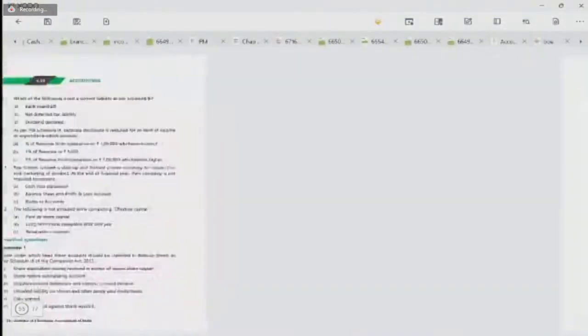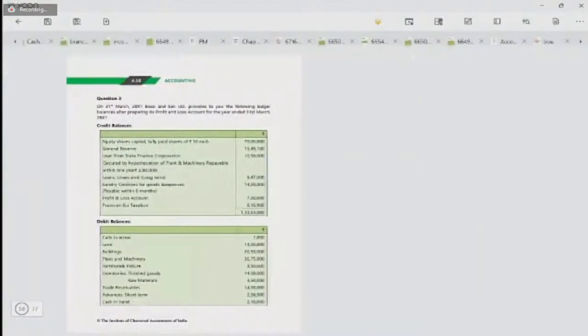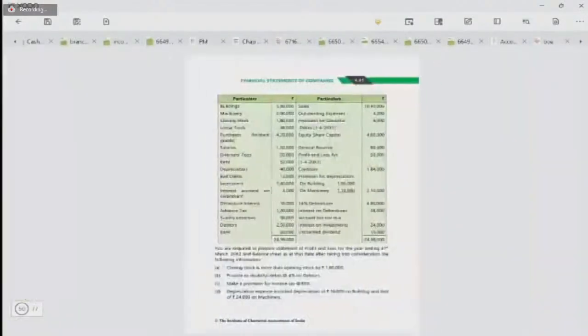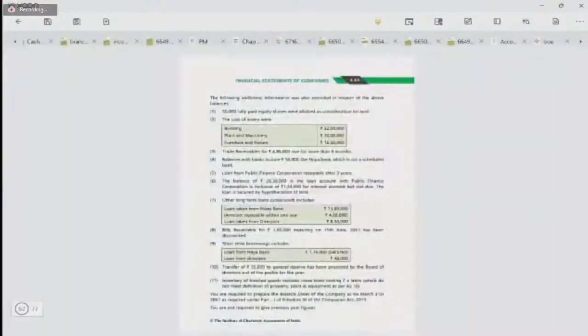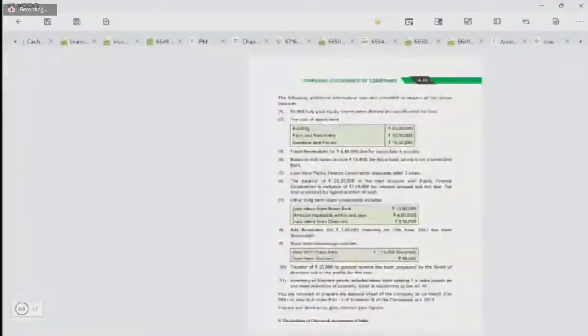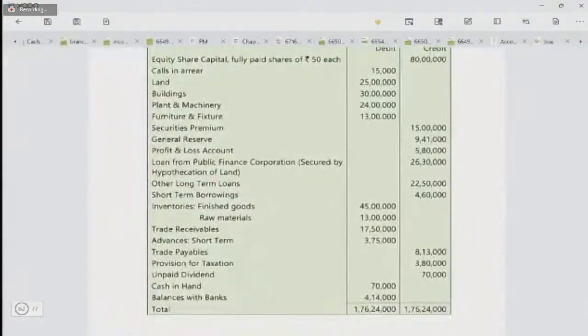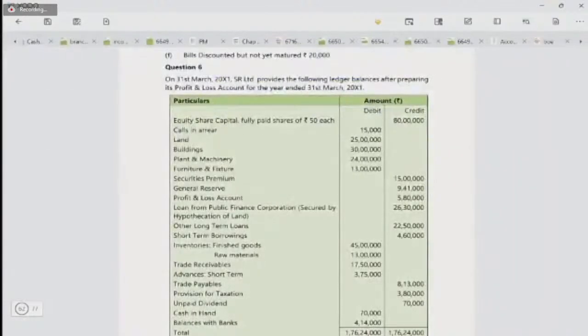And then balance sheet problems. Okay. The dividend distribution tax is removed from the syllabus. Which one is difficult among the TYK questions? Can you tell me which one is difficult?